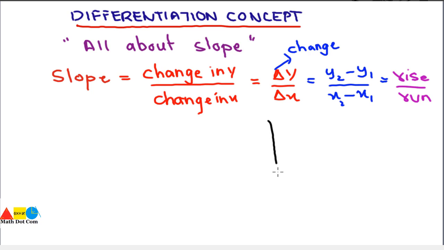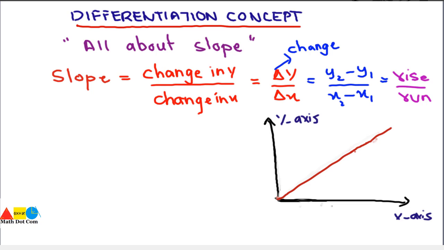So the graph is here, where this is the y-axis and this is the x-axis. Let's discuss the general concept of the slope, then we move towards the differentiation. This is the line, and just imagine that you are moving on this line. First you were at this place. We will take this as point 1.